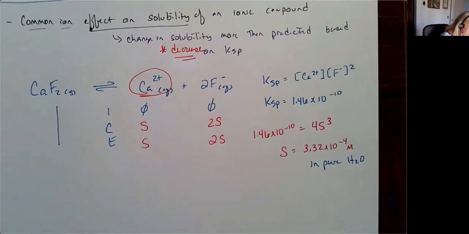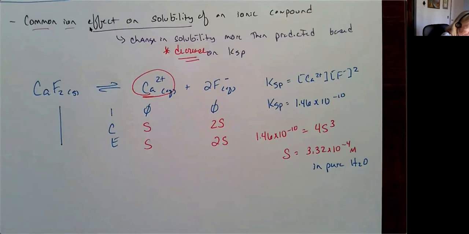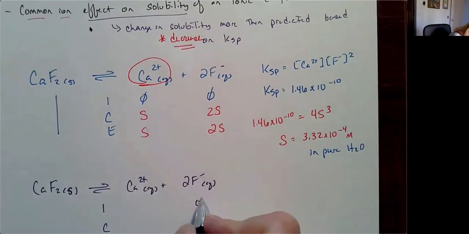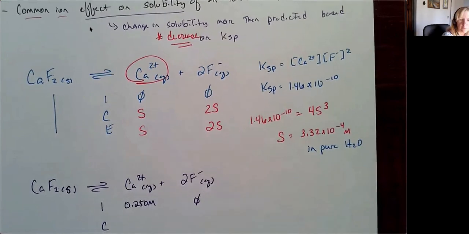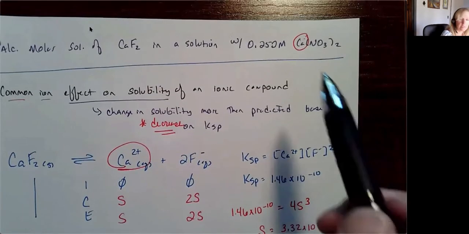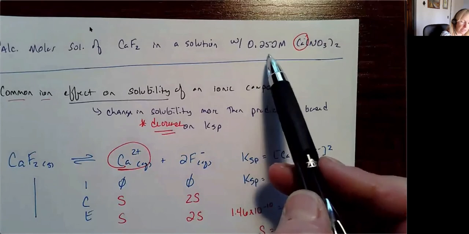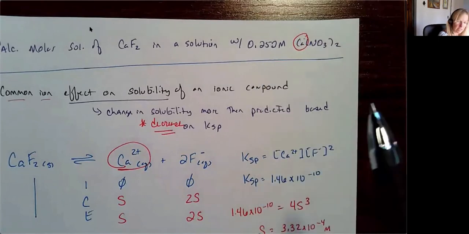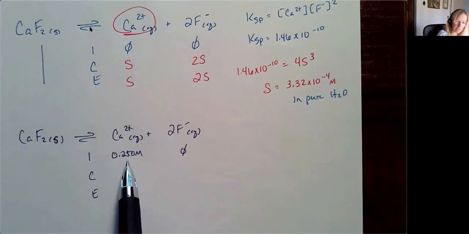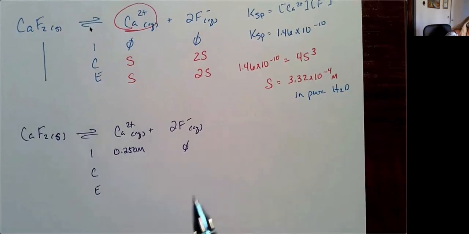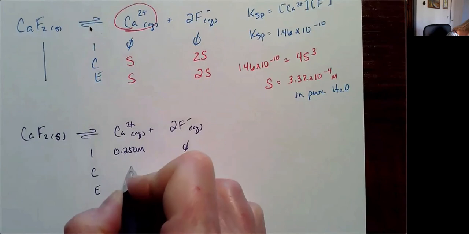Let's do this calculation. I said I'm not going to do too many calculations with you today, but a few of them. This is 0, but this is 0.250 molar because that's how much calcium nitrate I have in solution. This is a highly soluble compound. So I'm looking at calcium, so my initial starting concentration is not 0, it's going to be 0.250 molar. I'm going to add S to that.